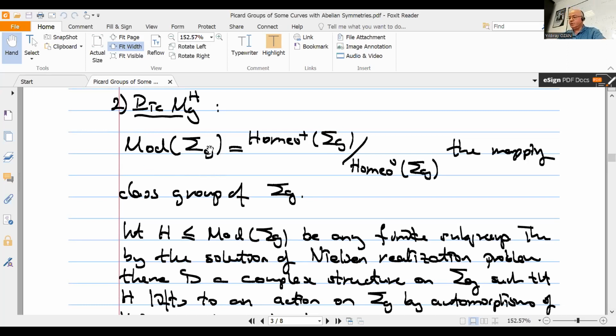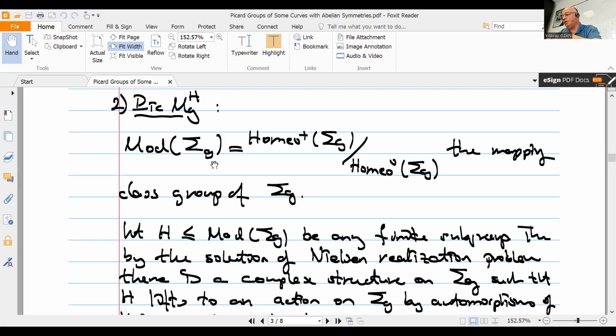we may just consider the modular mapping class group of the surface of genus g. What is this? Mapping class group is the group of all homeomorphisms of the Riemann surface sigma g, and you divide this group by the normal subgroup where the homeomorphisms are isotopic to the identity.